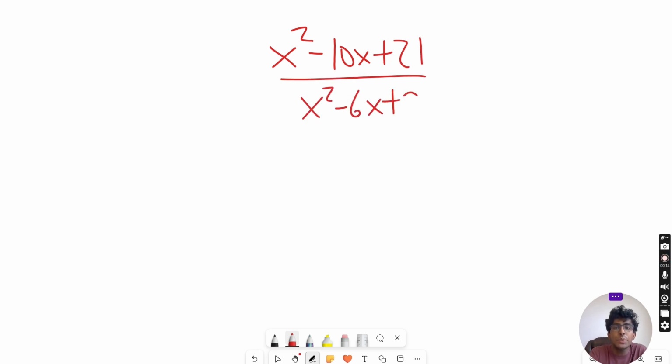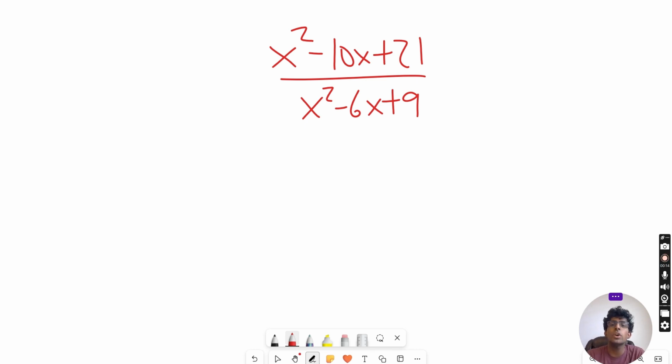And we need to simplify this. Now, on the surface, it might be like, okay, maybe we need to do long division or something. But we don't actually have to do that. We can break down both these trinomials into their respective factors, the two binomials that multiply together to get the trinomial, and we'll be able to simplify it like that.